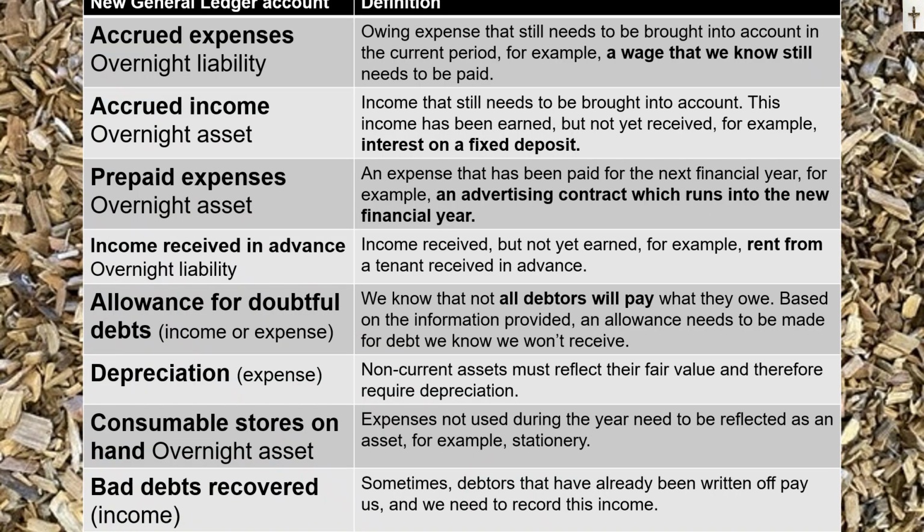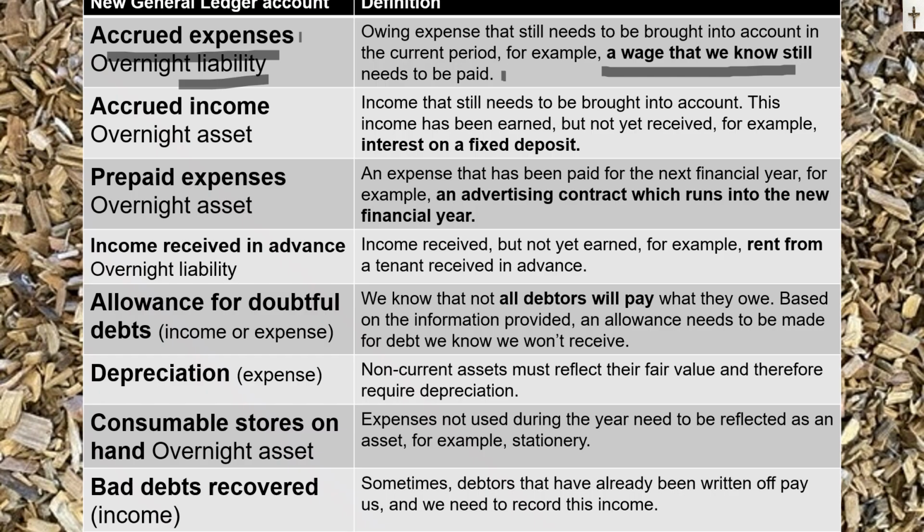Now these are the accounts and adjustments that we're going to come across in the next few weeks. Accrued expenses, that means owing expenses. This is important. It's a new account and it's a liability. For example, a casual worker worked for us in December, and the casual worker needs to get paid 1,500 Rand, but we only pay them on the 1st of January.